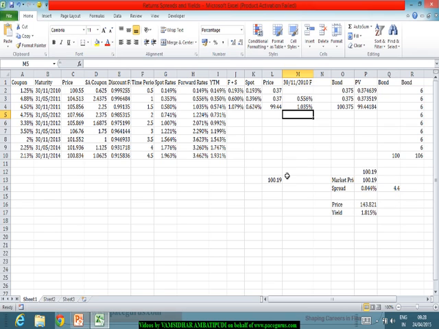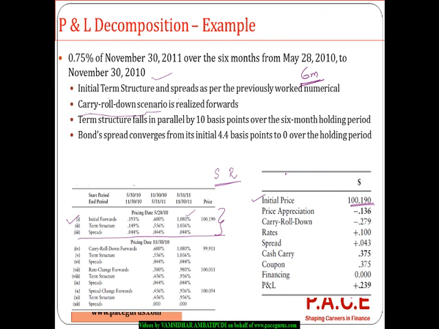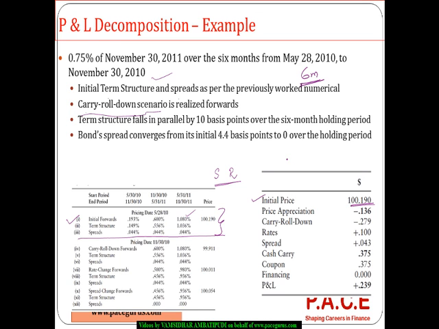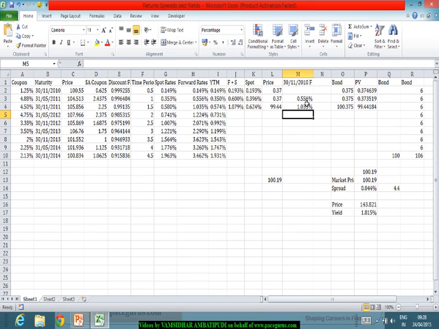The forwards are not going to change, the forwards are going to be realized, and because the forwards are going to be realized, the spread also will be the same. The spread also is not changing. So I will look at the forwards being realized and the spread not changing. So by the time I come to that particular period, I can find out the spot now.